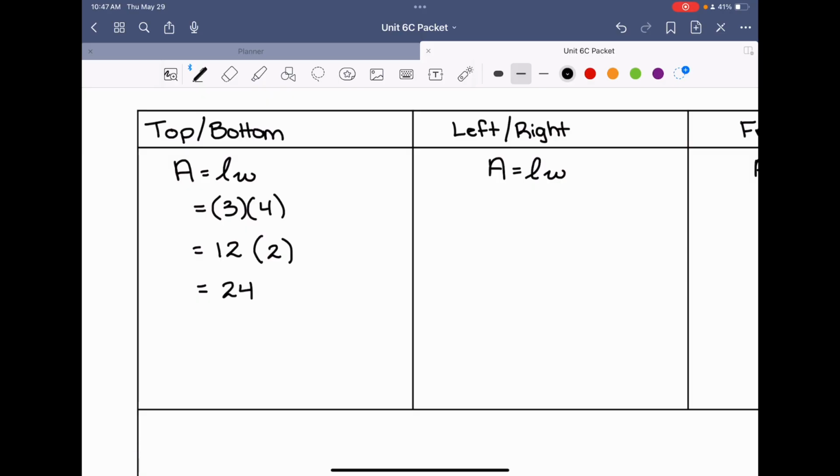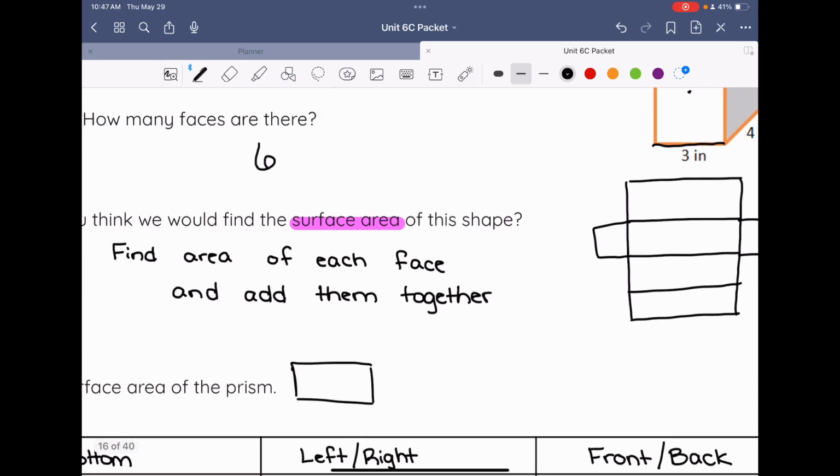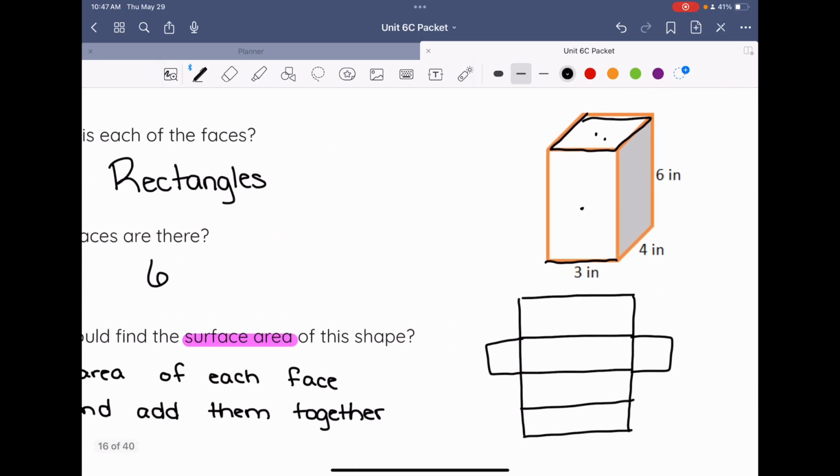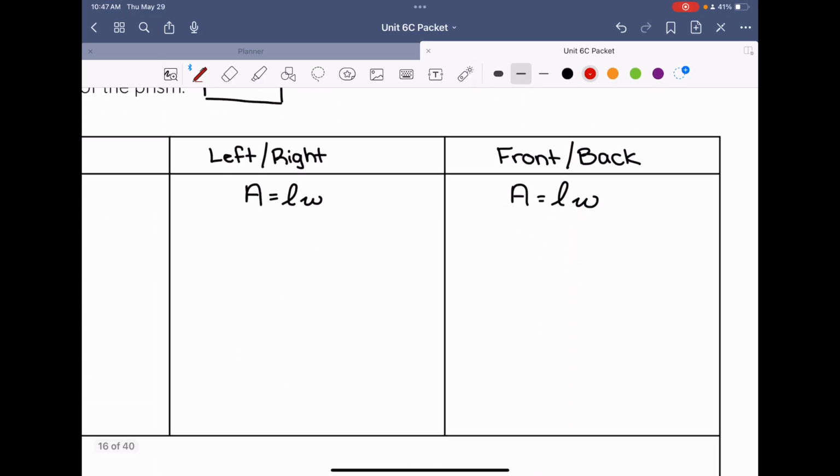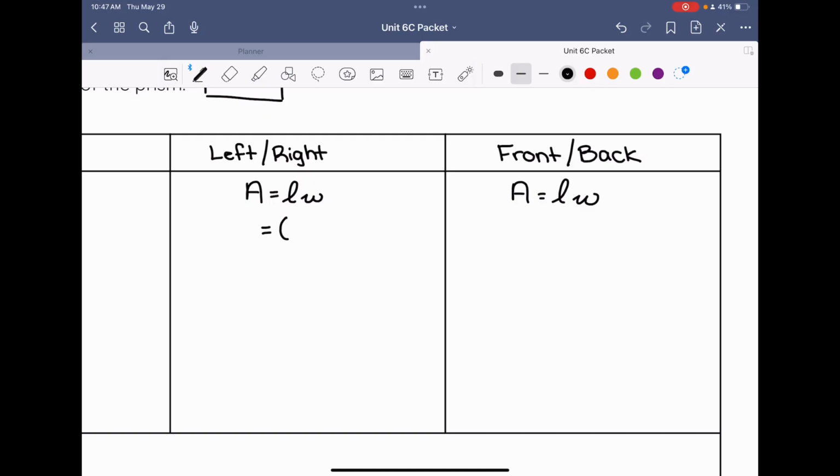We're going to do the same thing for the left and right. The left and right are my side over here. So that's 6 times 4. Six times 4 is going to give me 24. And again, I've got 2 sides that are that measurement, so I'm just going to double it.